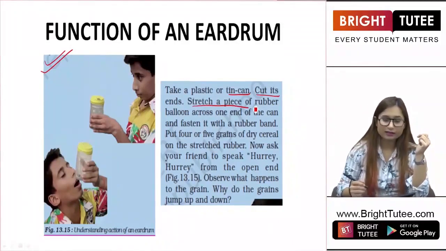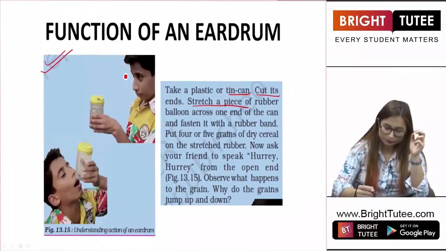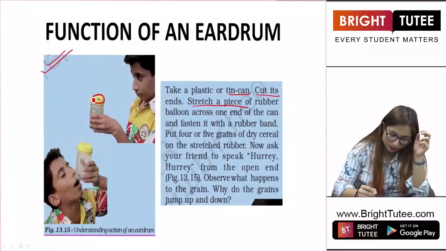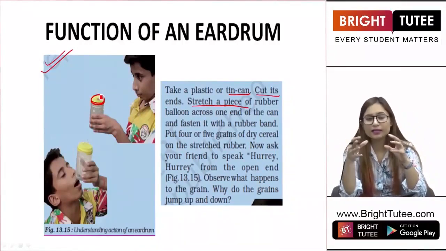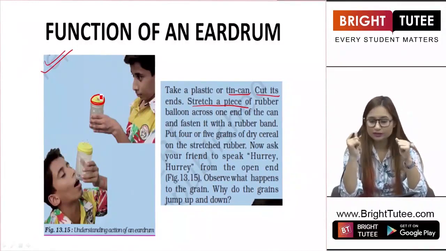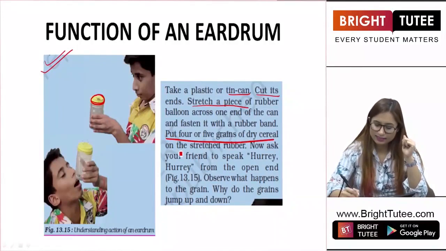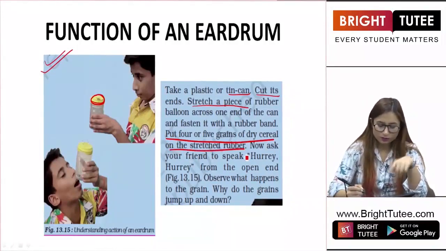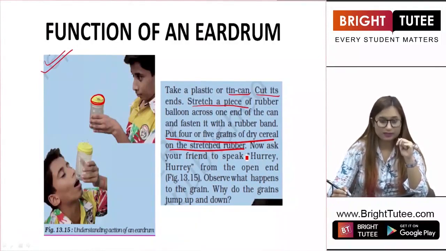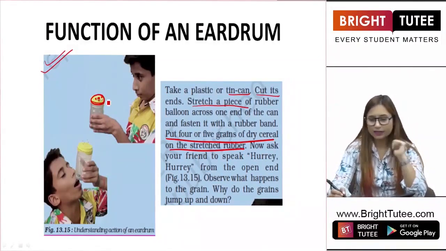You have put a balloon at the end and a rubber band on it to hold it, right? Put 4 or 5 grains of dry cereal on the stretched rubber. Now, on the end you have put 2 to 3 grains, right? Here you are putting grains, right students?